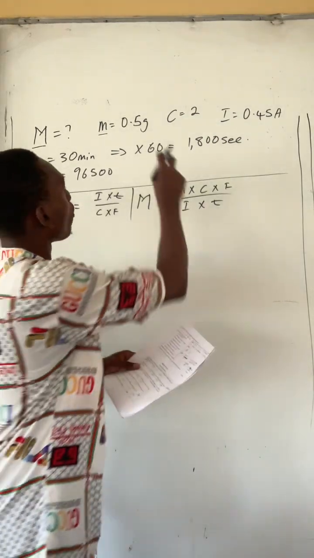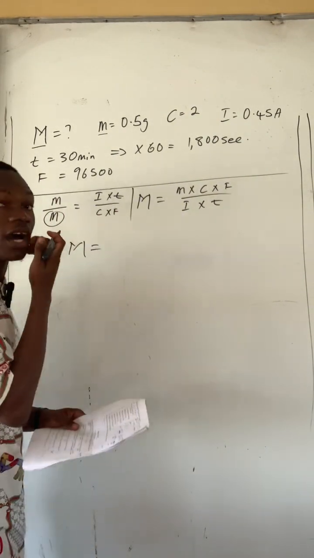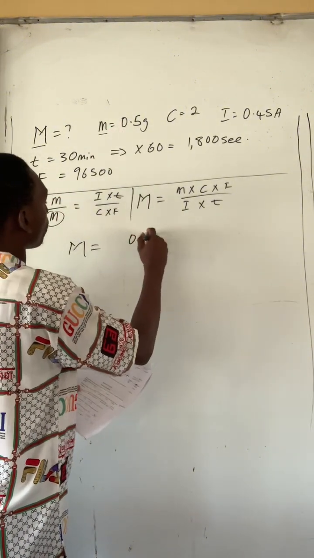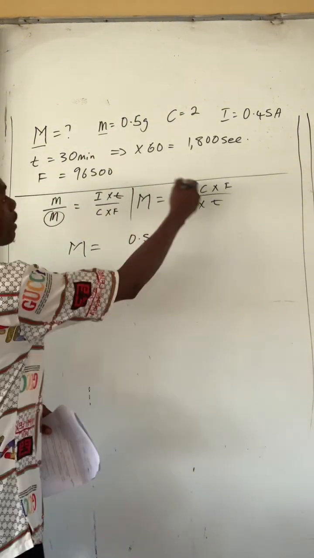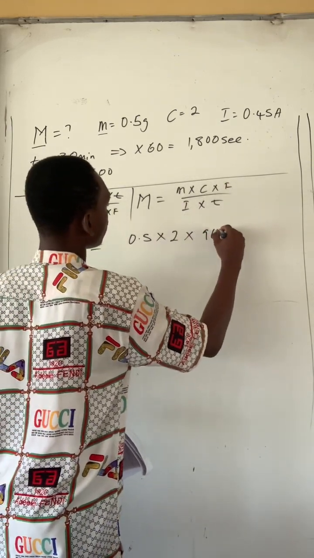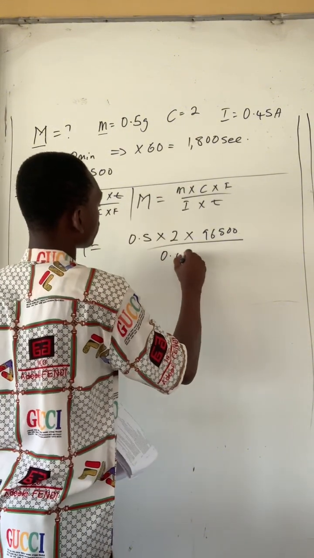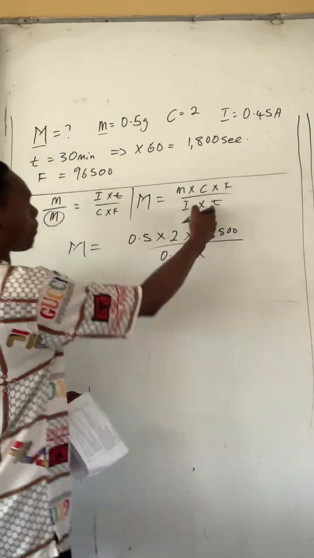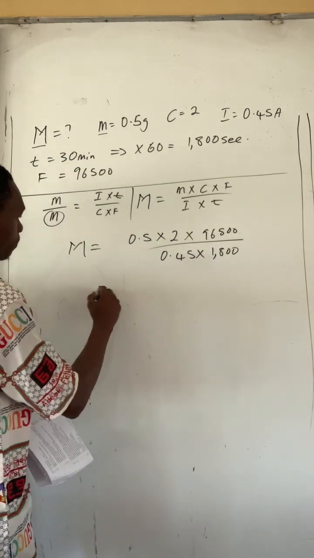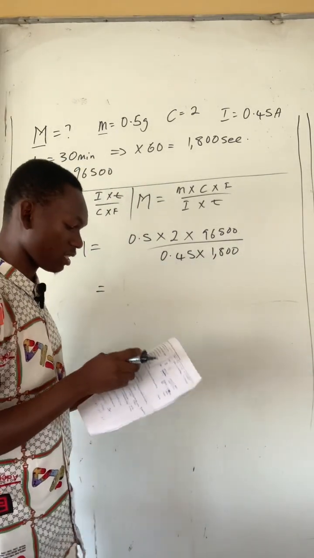Now let's quickly plug in all our variables here and solve for our relative atomic mass. Very easy. The mass is 0.5, multiplied by the charge, 2, and Faraday's constant, 96,500. Now the current is 0.45 multiplied by the time, 1,800. Let's use our calculator to simplify that.